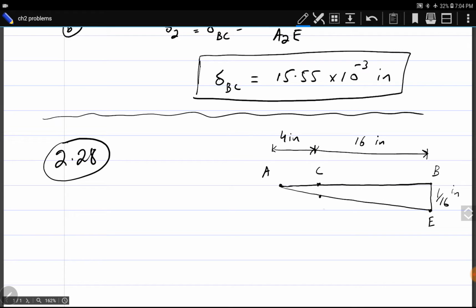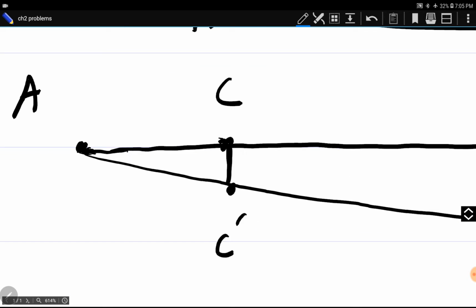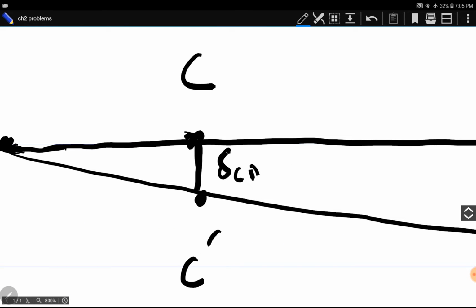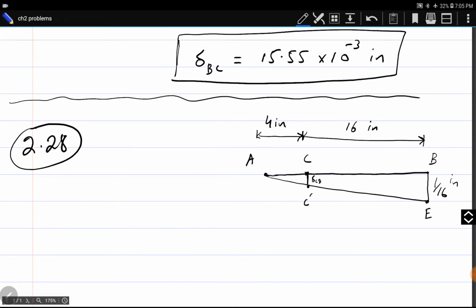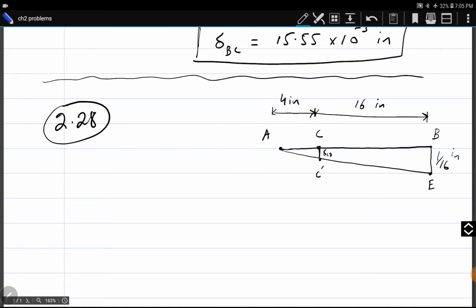Okay, we have to find this deformation, which is actually equal to delta CD. So using similar triangles criteria, these two triangles ACC dash and ABE are similar triangles. So the ratio of their corresponding sides must be equal. It means delta CD divided by 1/16 is equal to 4 divided by 4 plus 16.